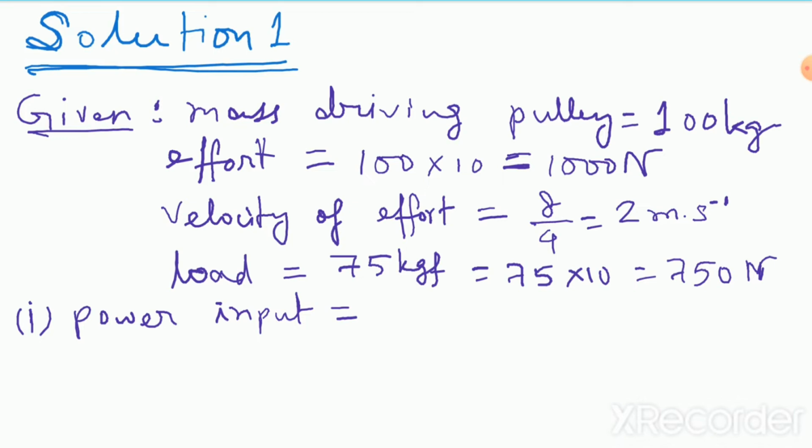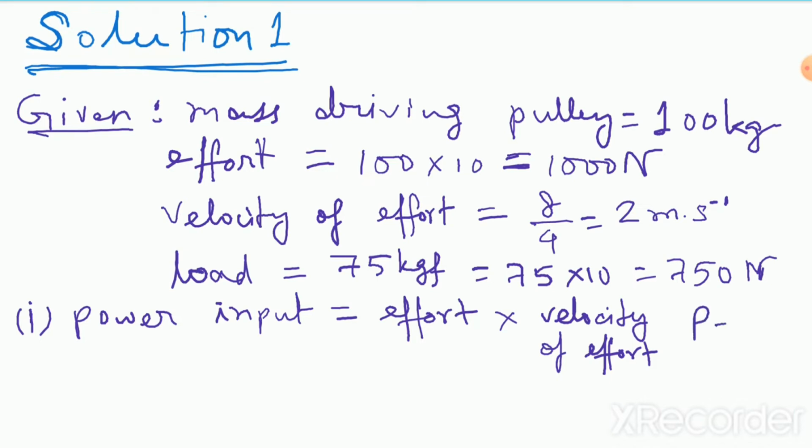So we are utilizing the formula power equals to force into velocity. So power input equals to effort, this is the force, into velocity of effort. Okay, fine. We have utilized the formula here, power P equals to force F into velocity V.